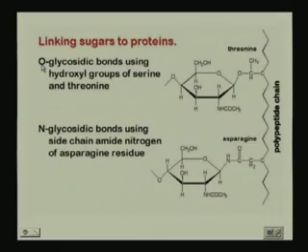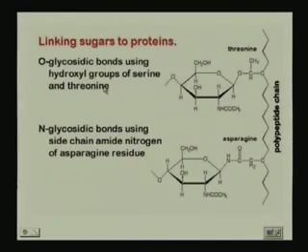Sometimes you can have, we learnt about O-glycosidic bonds. What are O-glycosidic bonds? Glycosidic bonds that use the oxygen to link, right? Now, in the case of serine and threonine, we know what their side chains are. Serine is OH and threonine is CH3 and OH, right?